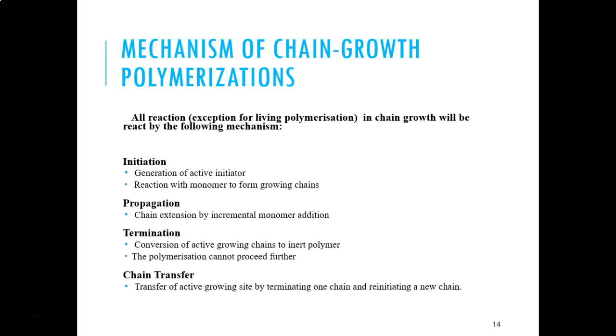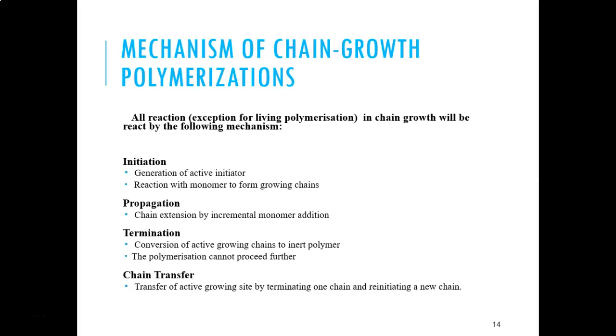During the initiation process, the initiator is activated first to react with the monomer to form a growing chain. Then this growing chain goes to the propagation step, in which the growing chain reacts with the monomer itself and produces a longer growing chain.